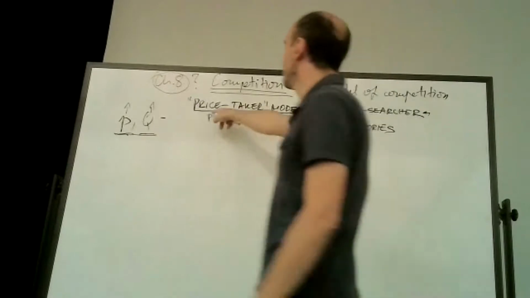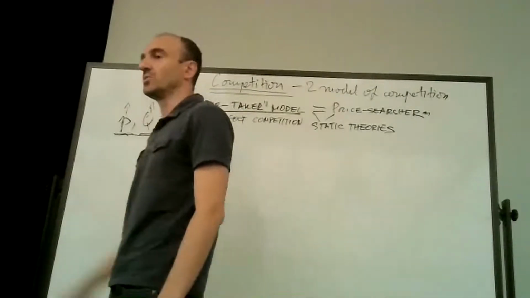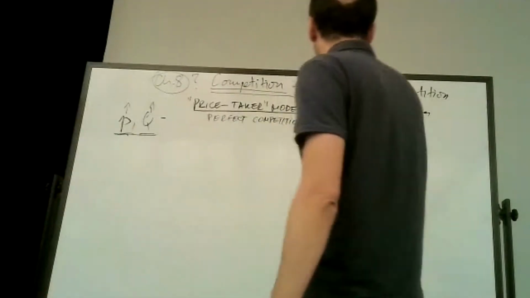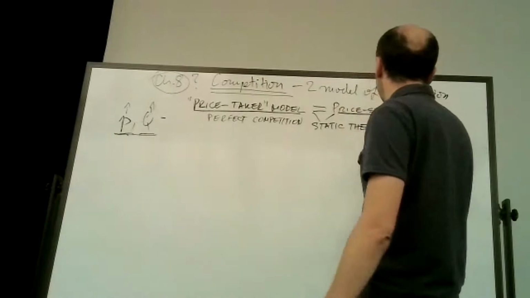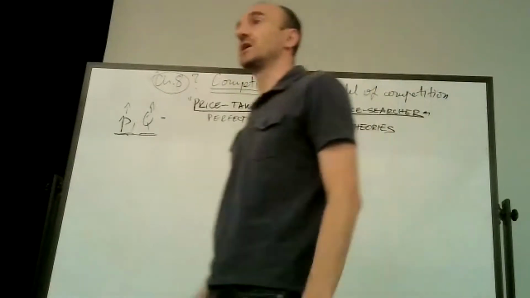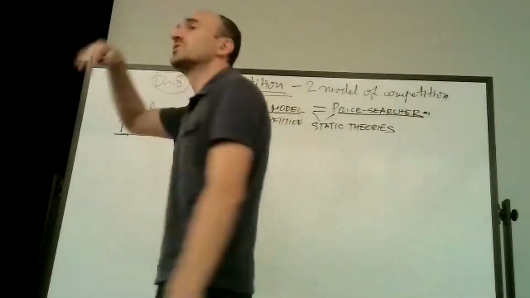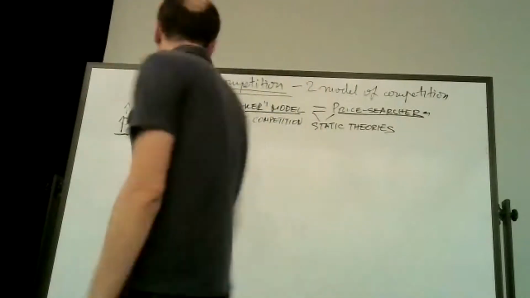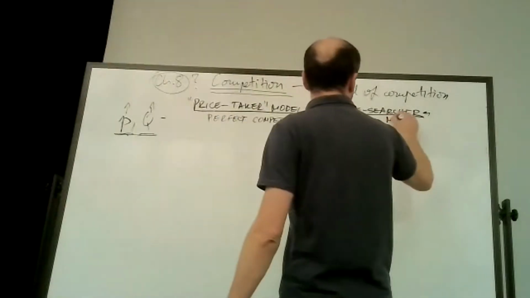The newer ones use price taker competition or price taker model. I'll explain in a moment why perfect and why price taker. Whereas the second model is the price searcher model that is so heavily emphasized in your book, which used to be called back in the day imperfect competition or monopolistic competition.